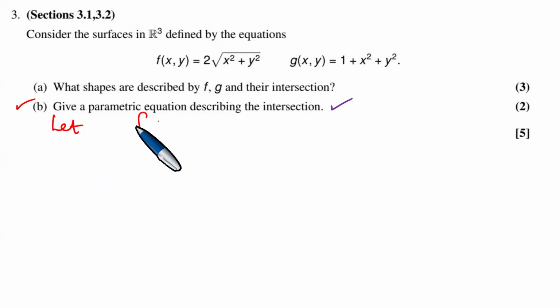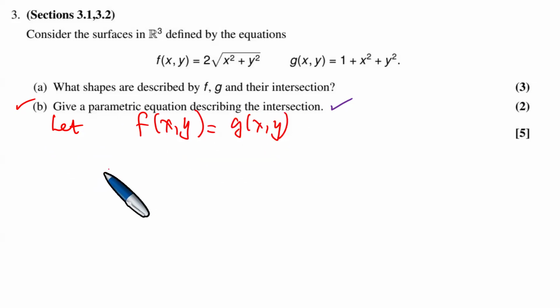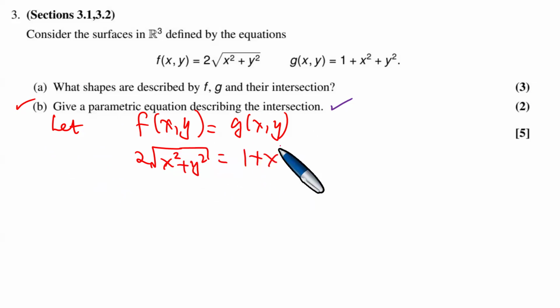Like in high school, wherever two functions meet, we equate them to each other. So f equals g: 2 times x squared plus y squared equals 1 plus x squared plus y squared. This is what we do to find the point of intersection.